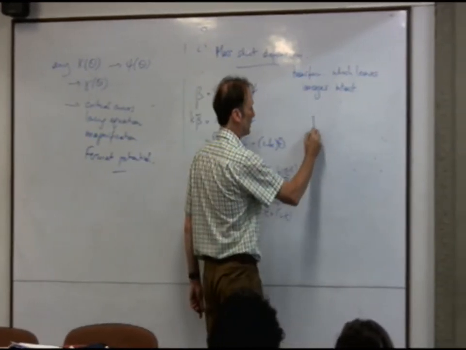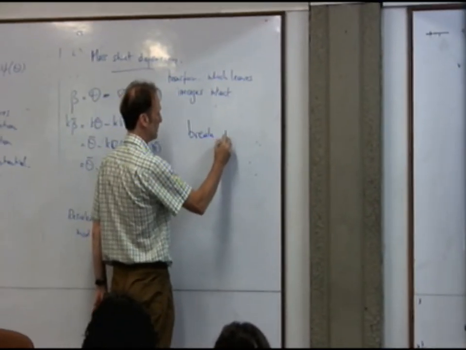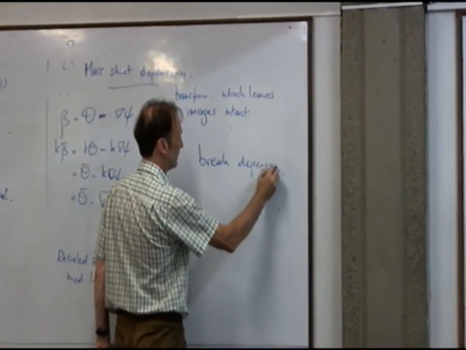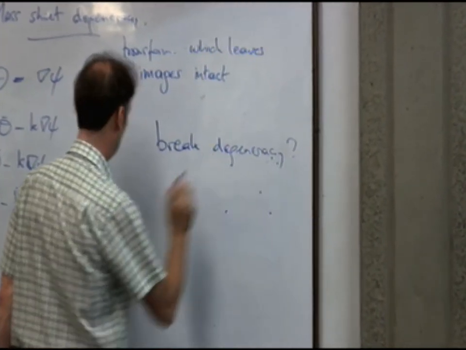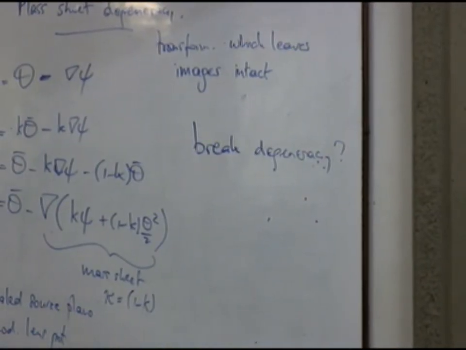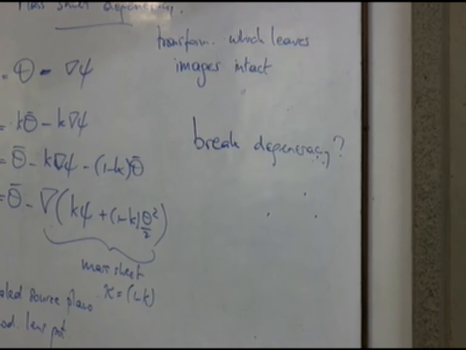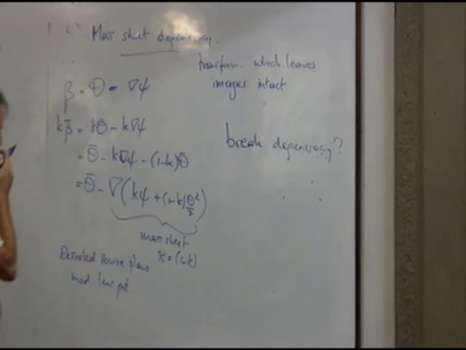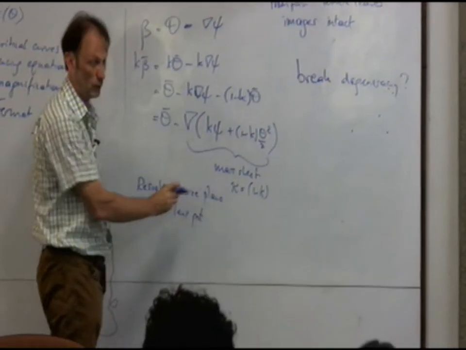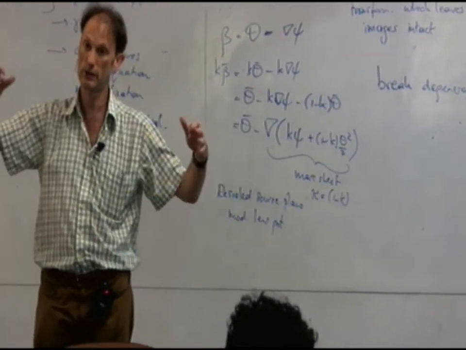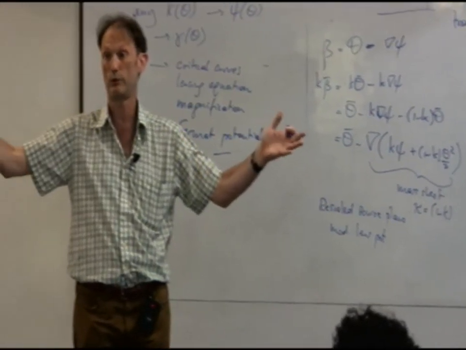Now you can break this degeneracy in various ways. The simplest one is to simply forget about it. That's what most people do. But if you really want to break it properly, then you can say you expect that at large distances the lens has 0 surface mass density.